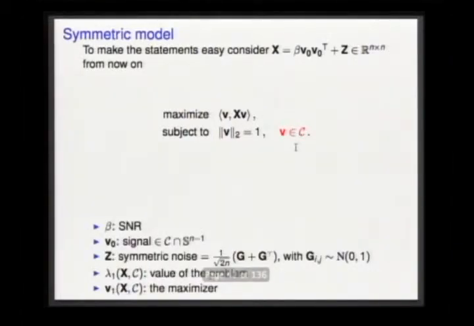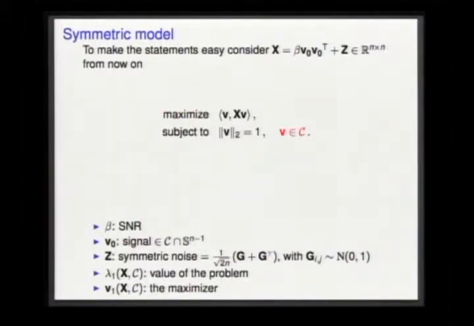Some specifications. Beta, again, is the signal-to-noise ratio. V0 is the signal that lives in that cone that we know in advance and has a norm equal to 1. And Z is going to be a symmetric noise matrix, so we can build it as the sum of two matrices of size n by n, which have entries IID distributed from a Gaussian distribution.